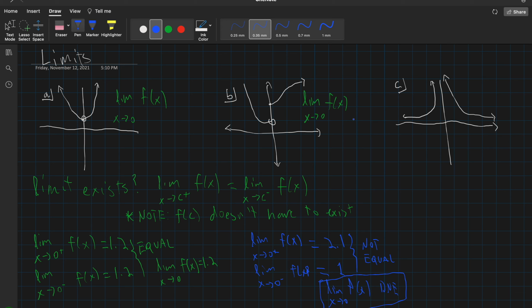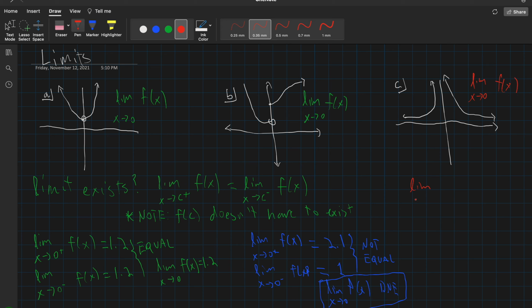And now let's move on to our third and final example. So first we need to figure out if the limit exists. Let's use red for this example. So check the right hand and left hand limit. So again, we want limit as x approaches 0 of f of x.